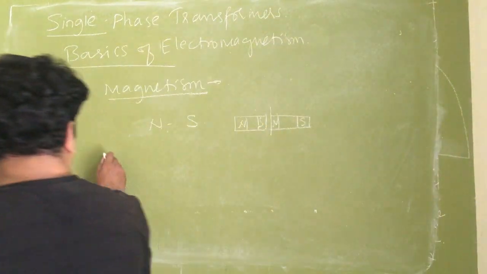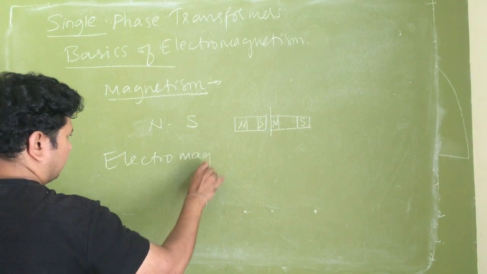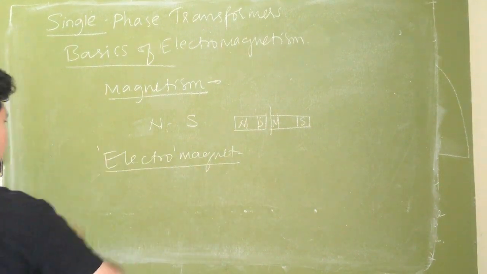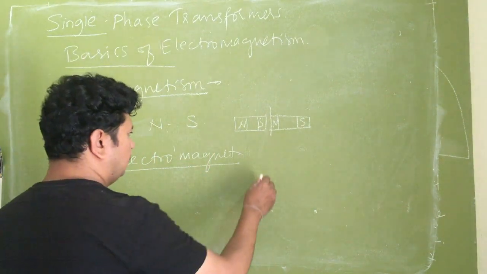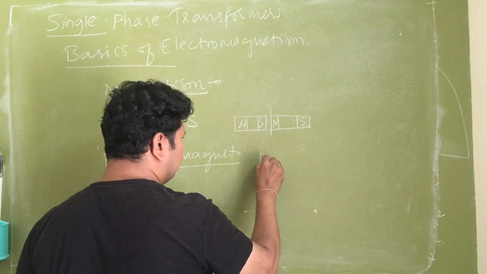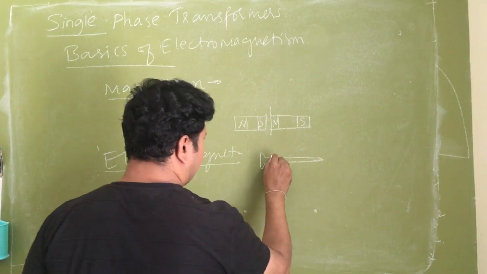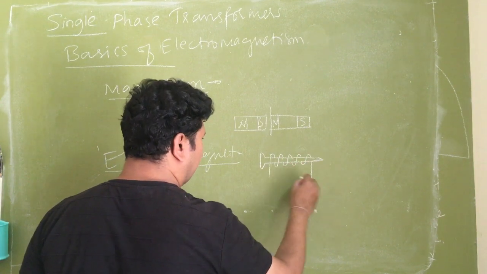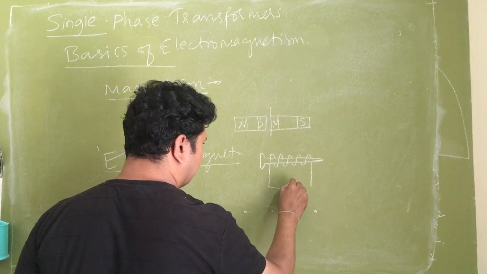Electromagnets are completely based on electricity. Now take a simple wire. We have all done this activity. We took a nail, wound a copper wire around it, and connected it to a battery.